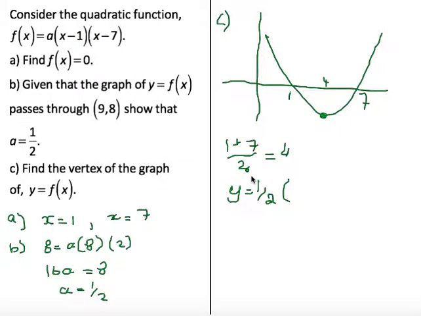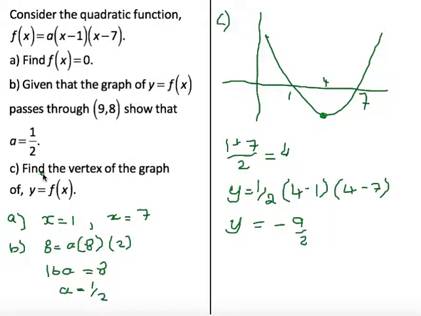So 4 take away 1 is 3, and the next value, 4 take away 7, that's minus 3. So 3 times minus 3 is minus 9. So the y value is minus 9 over 2.